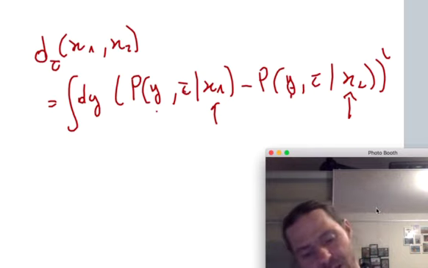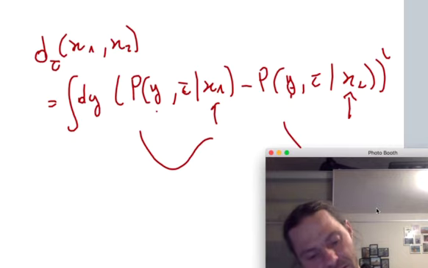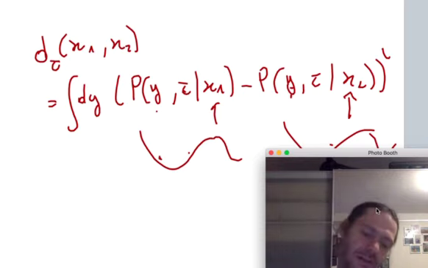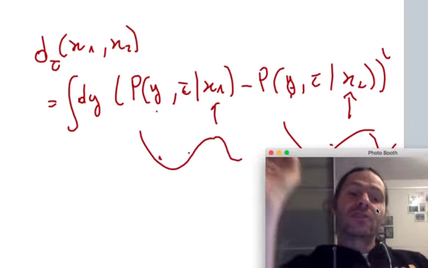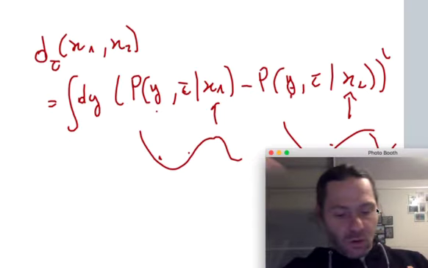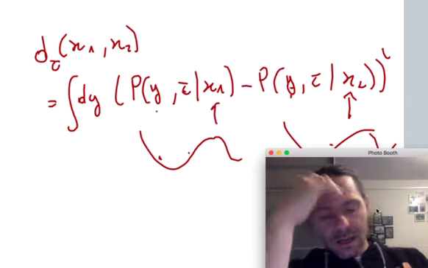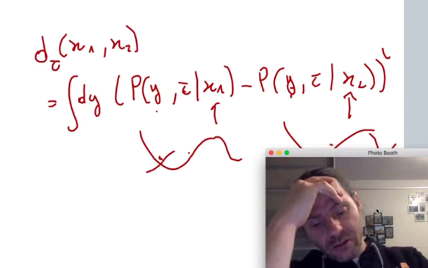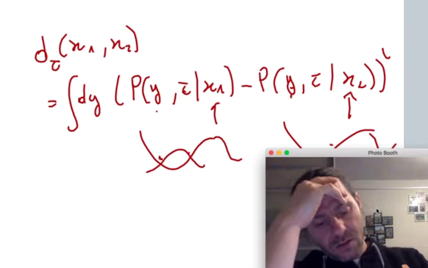Now, if x1 and x2 are two points in the same basin, and tau is chosen slightly longer than the equilibration time within these small basins, then clearly this distribution will converge within the time tau to the same Boltzmann distribution.